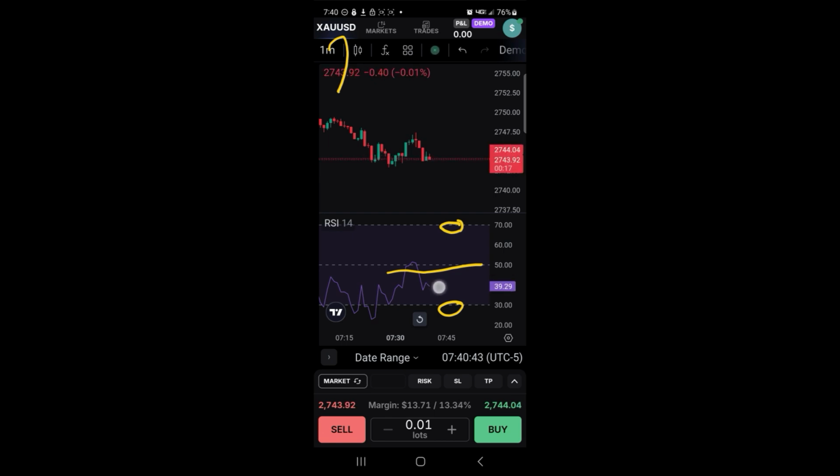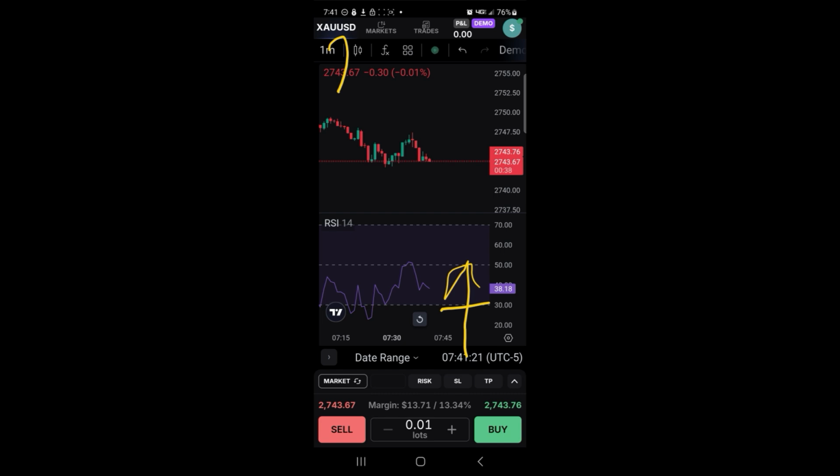As tension builds in either direction, for me, it's a good indicator that it's about to shoot back in the opposite direction. So once it crosses this line, it's going to go down. And once it crosses this line, I expect it to go up. How high or how low, nobody knows.